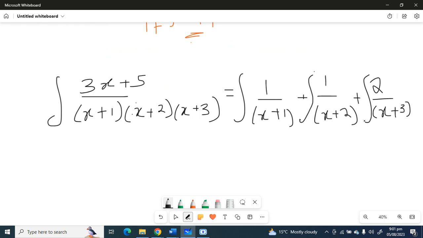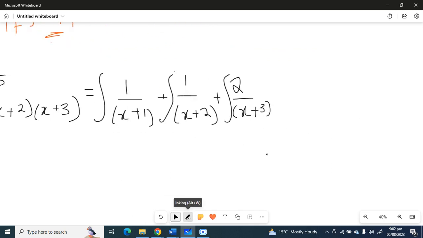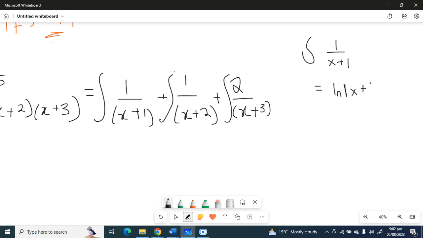So usually the rule whenever you're integrating such fractions, let me just illustrate it. For example, 1 over x plus 1, if you want to integrate it, you're going to write the natural log and put the absolute value lines around x plus 1.